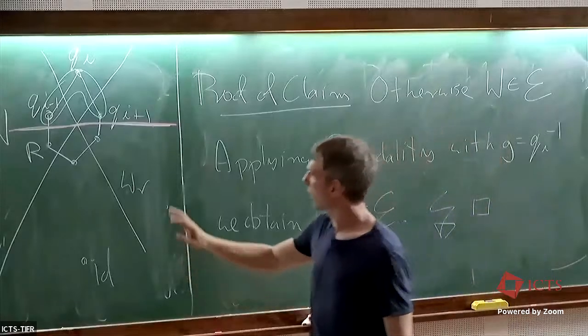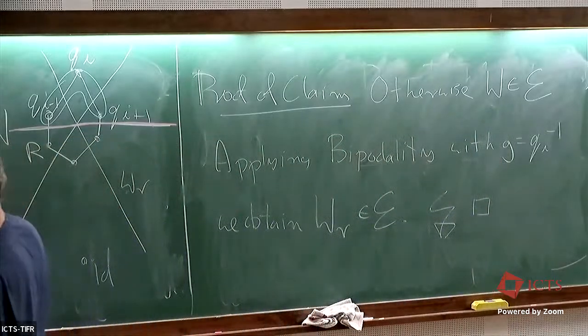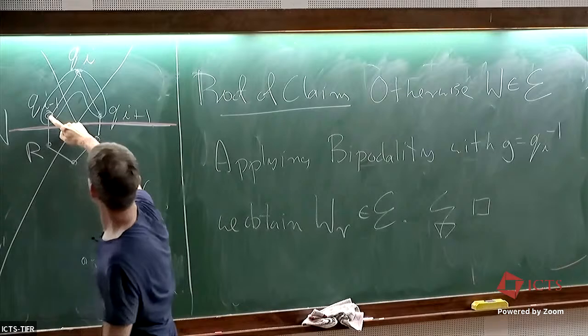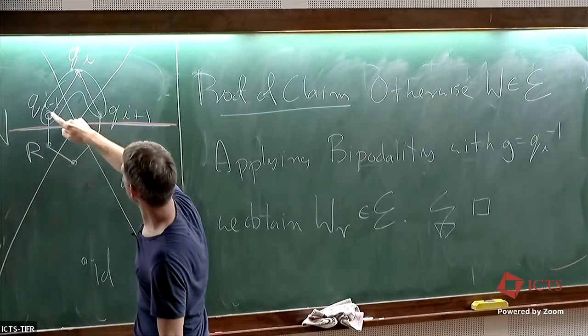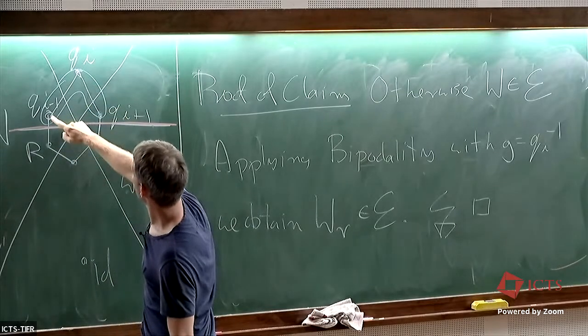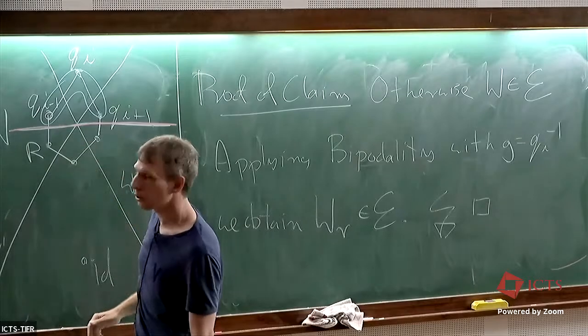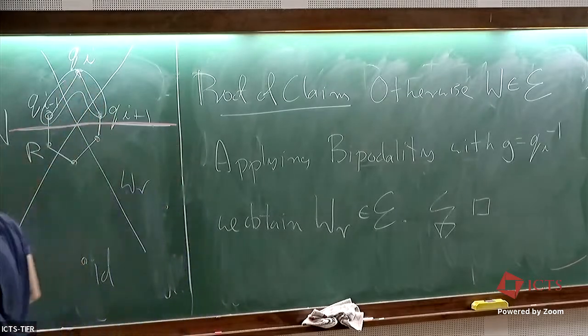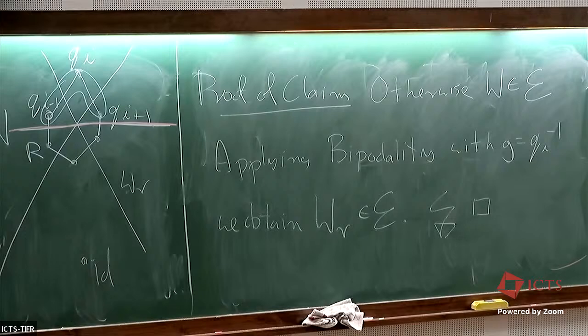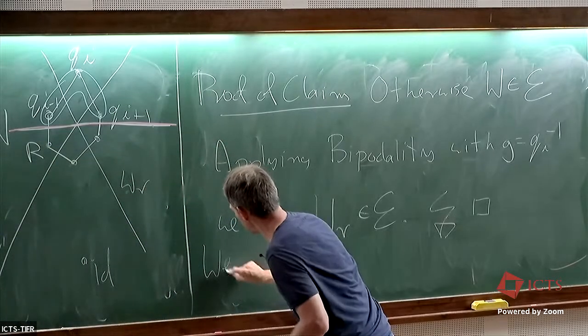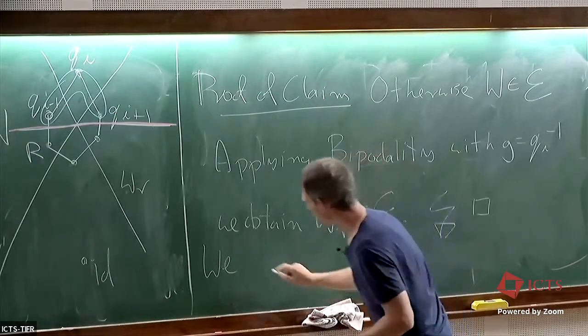Okay, so bipodality is suited to prove that you can replace this path in Q by this complementary longer path, which turns out also to be in Q, and this way you can remove those mountains and eventually get into the configuration I just described. So let me write here the final sentence of the proof. Once we have proved the claim, we can finish the proof of the theorem.